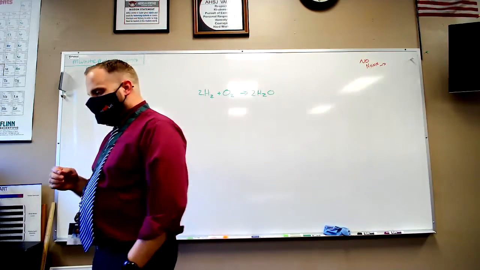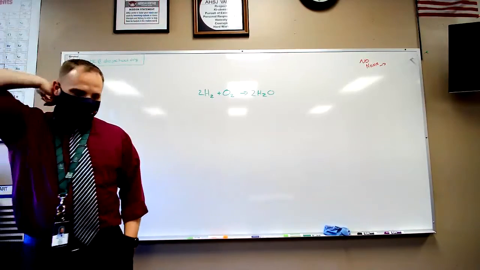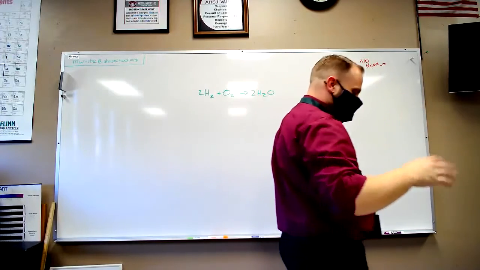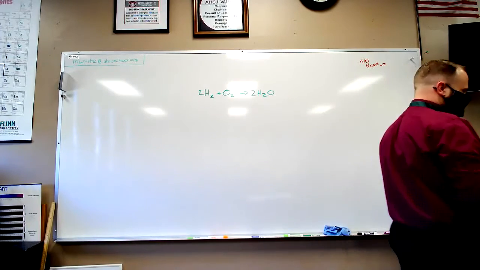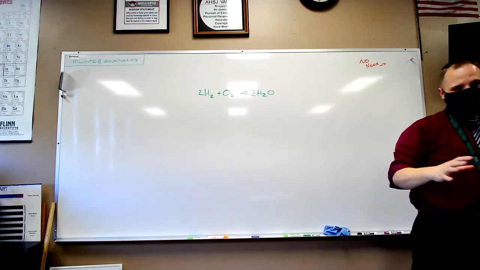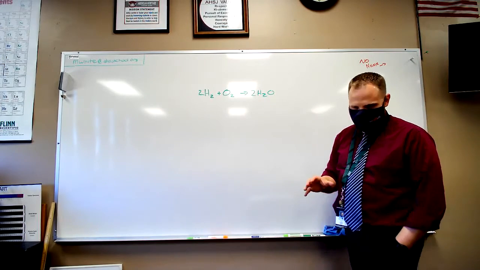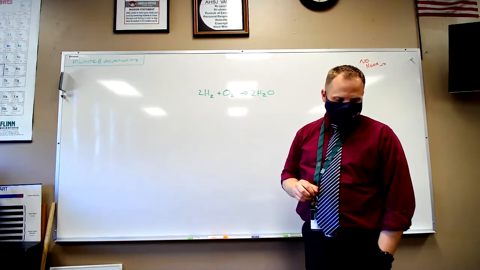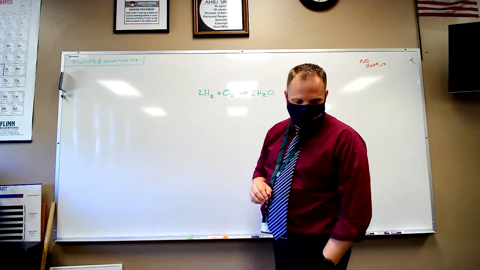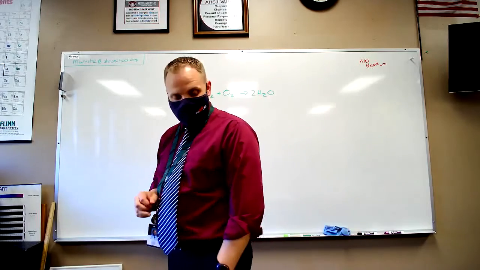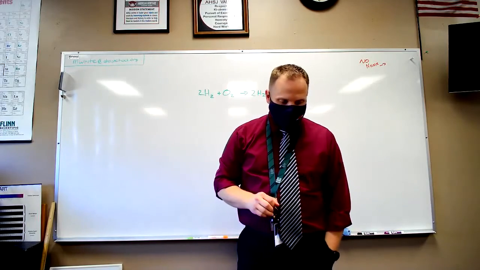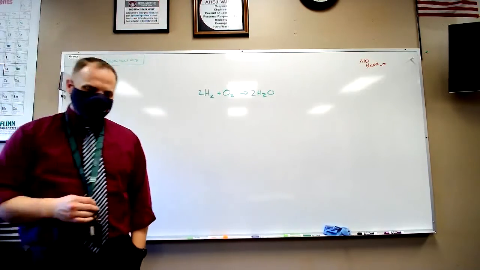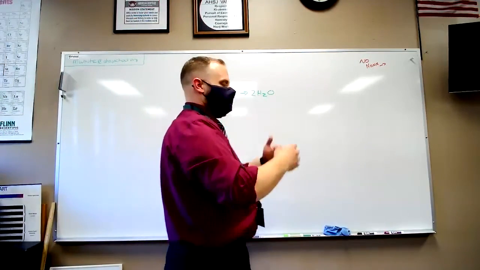Anyway, when iron rusts, we tend to have a couple of things happening. First off, it usually starts where there's already some sort of imperfection in the iron. That becomes the anode. And remember, the anode is oxidation. That's where we're losing electrons.